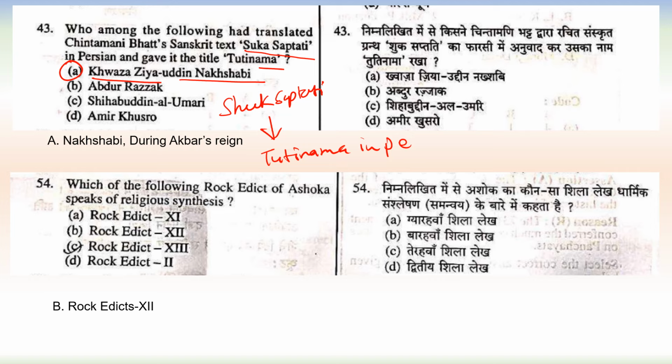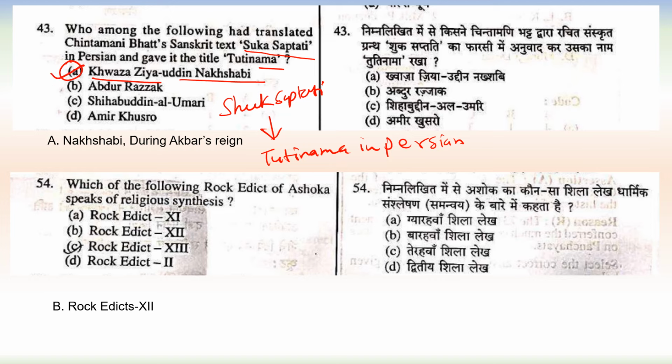This happened during Akbar's reign. So Naqshbandi translated the Shuk Saptati into Tutinama, which is in Persian language. So option A is correct here.